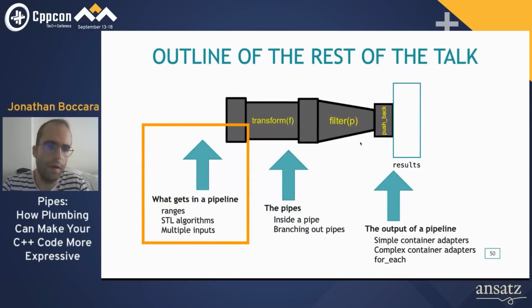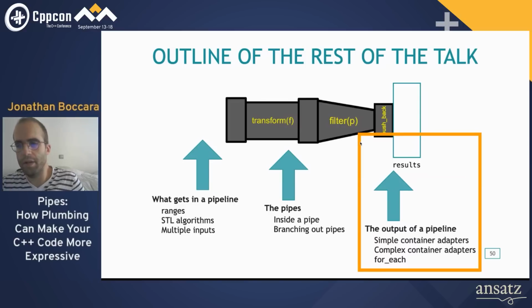So this is what can come in a pipeline, and the two main points I think are that we can pick up results from STL algorithms such as set difference, and also that we don't have to use tuples to manipulate several input ranges.